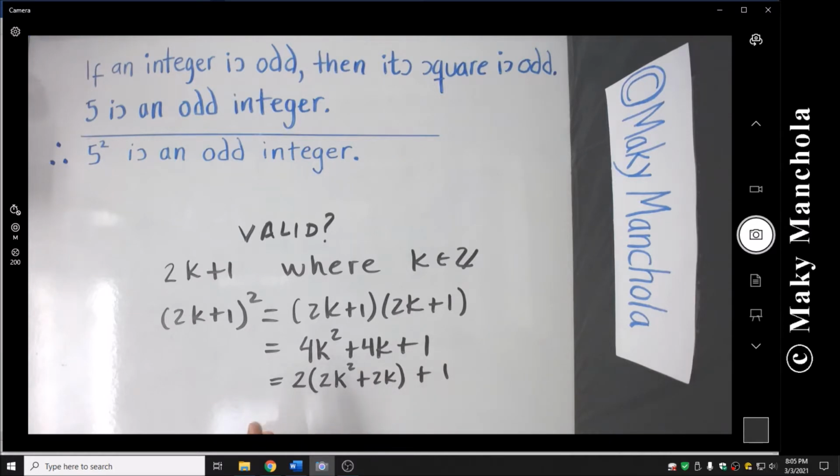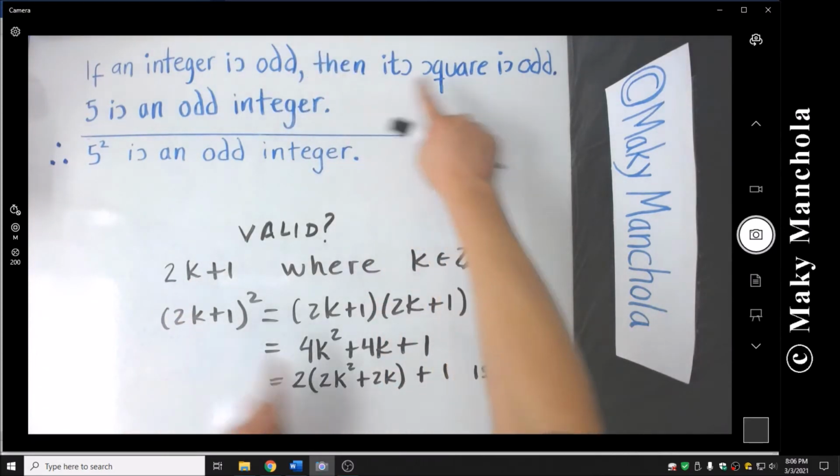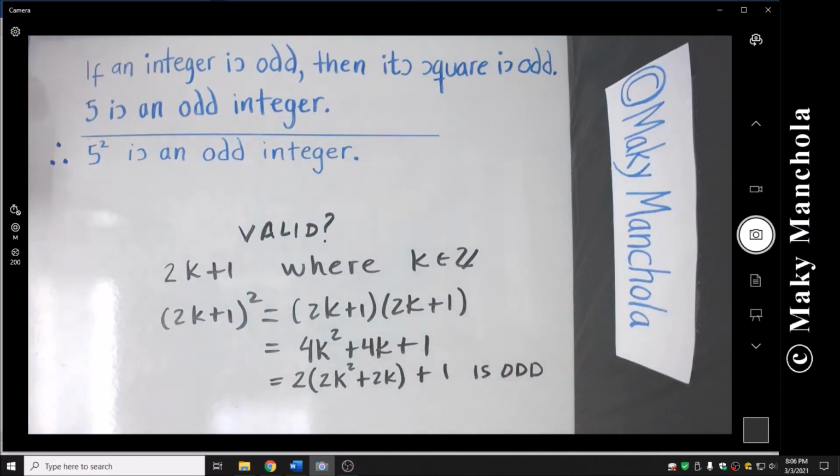So our answer happens to be also odd. So it is a mathematical fact that if an integer is odd, then its square is also odd. This means that our first premise is true.